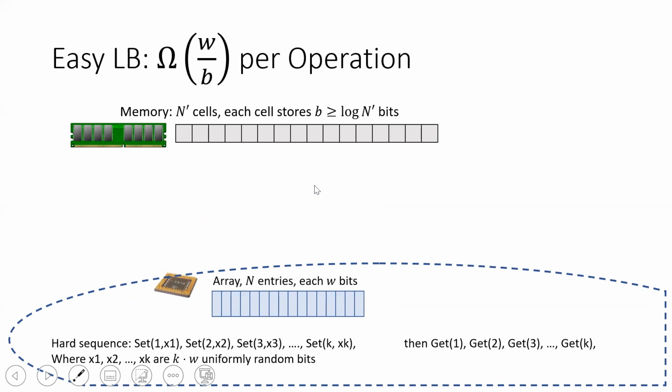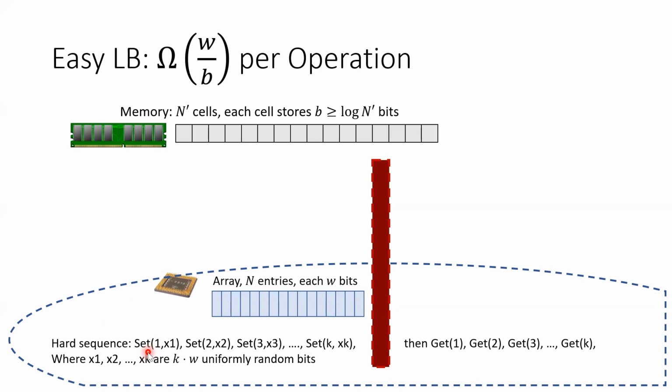So let's start with an easier lower bound, probably the most intuitive one. In this easy lower bound, we consider a hard sequence that just uses a sequence of set operations to write a long uniform random string into the abstract array.